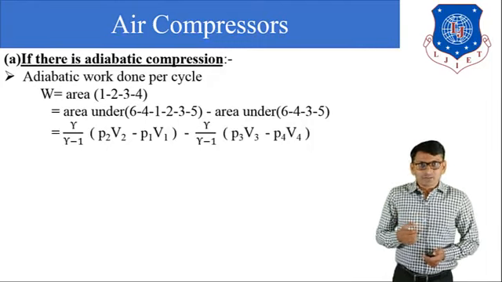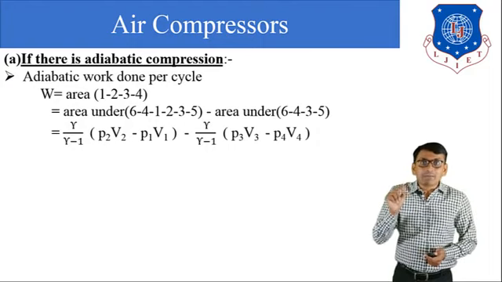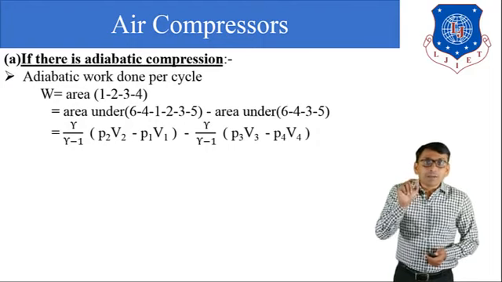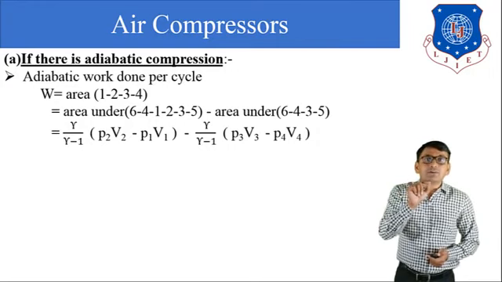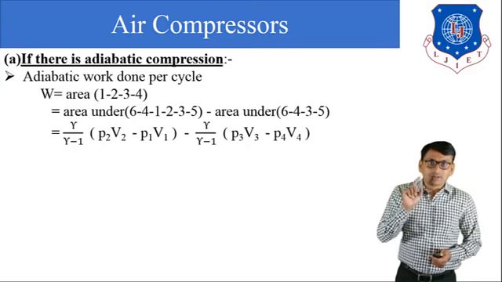So the same formula applies here. Area under 6-4-1-2-3-5 is equal to gamma by gamma minus 1 into (P2 V2 minus P1 V1), for 1 and 2.